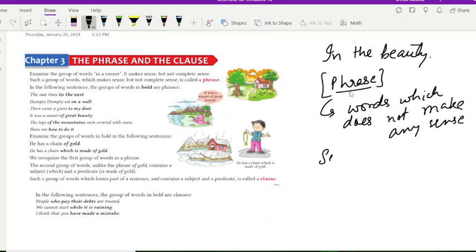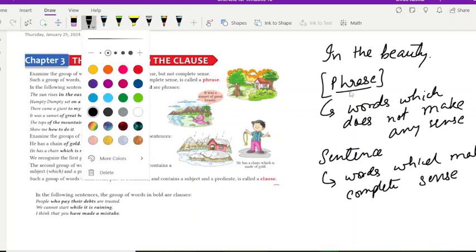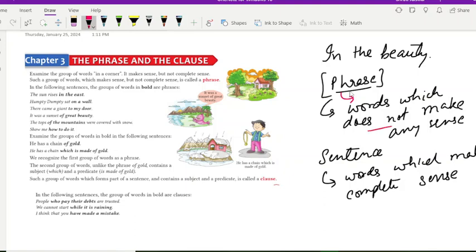And sentences, see, here the basic difference lies. Sentences are the group of words which make complete sense. So to avoid any kind of confusion, you must know that phrases are those words which do not make complete sense, and sentences are the collection of those words which make complete sense, right?